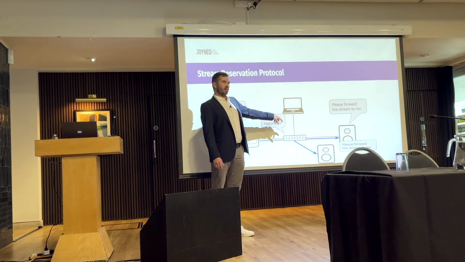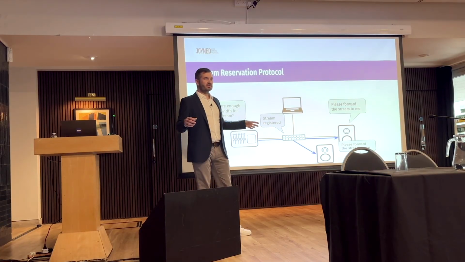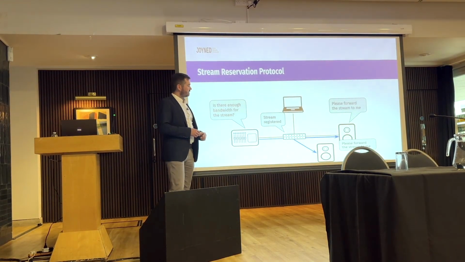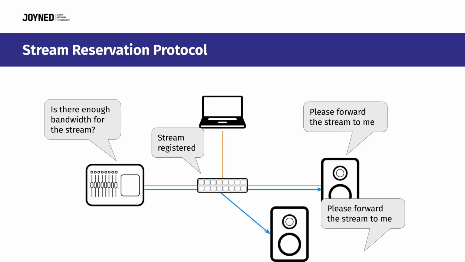If it's not requested, it will not be forwarded. So we do not flood the network with multicast. We have a very clear rule where we send packets, only to those who request it. That's stream reservation presented in a simple scheme.